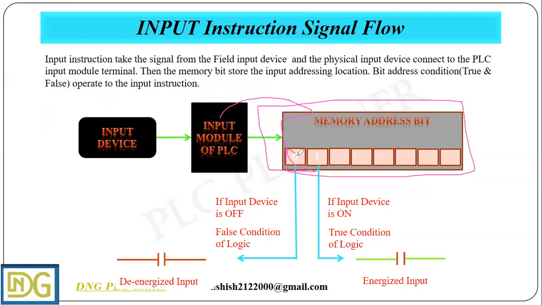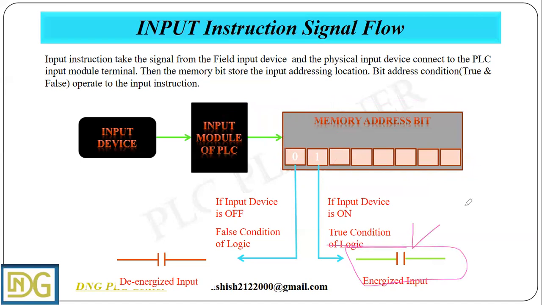It can be 0 and it can be 1. When it shares the 1, our instructions are turned on, and when it shares the 0, our instructions are not turned on. Any doubt? No.